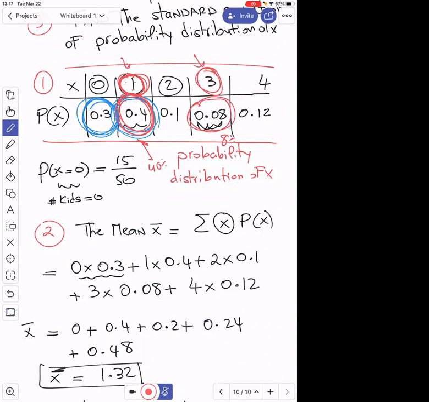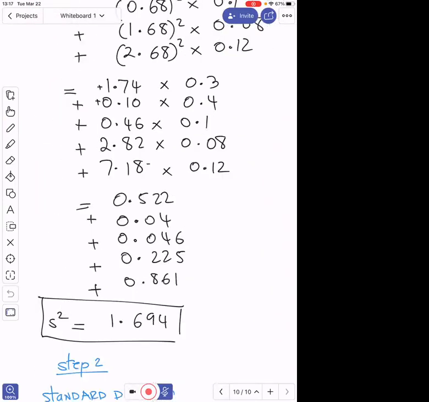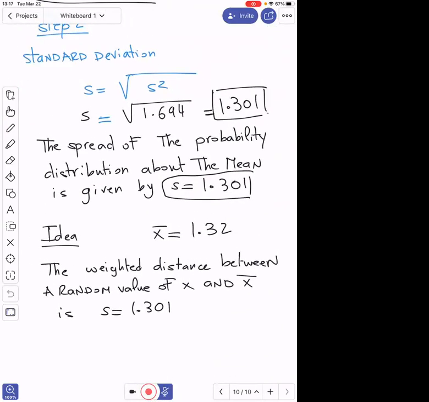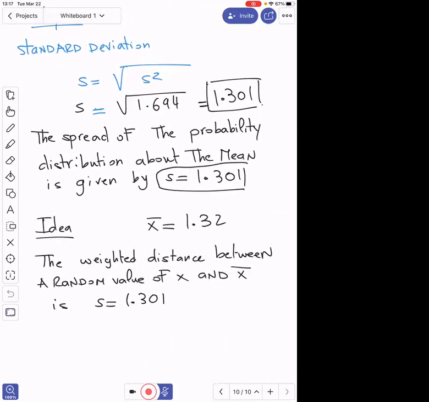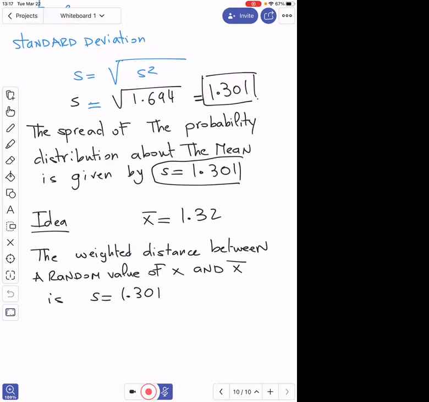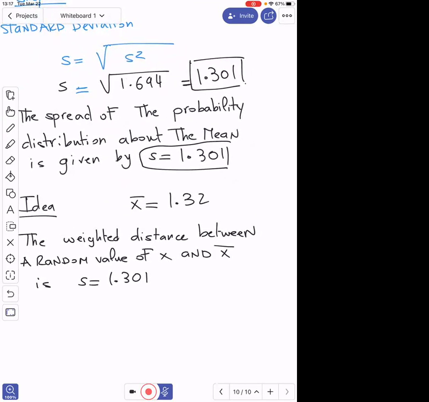So in general, with this s, the weighted distance, because some values of x are more important or more frequent than others, on average the distance between your x and x bar would be 1.30.